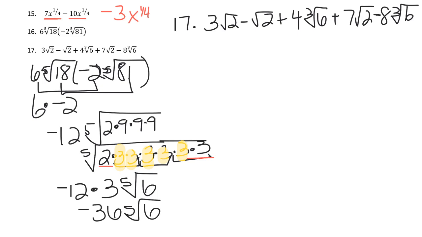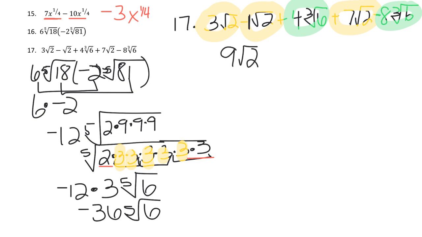I'm going to highlight in yellow my square root of 2's, and I'm going to highlight in green my cube root of 6's. So those are the ones I'm going to add up. I have 3 minus 1. Remember, there's a 1 in front if it's not written. So 3 minus 1 plus 7 is 2 plus 7, 9 square root of 2. And 4 cube root 6 minus 8 cube root 6 is negative 4 cube root of 6.